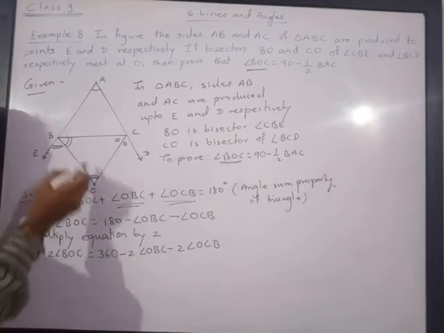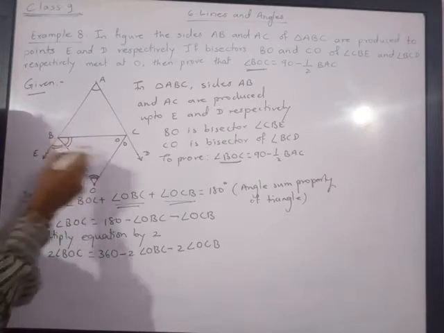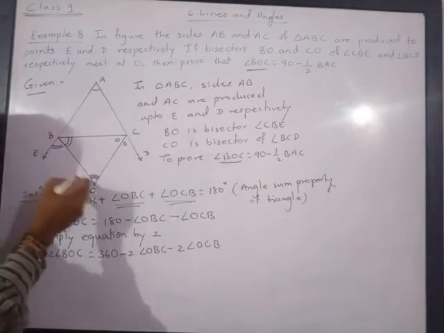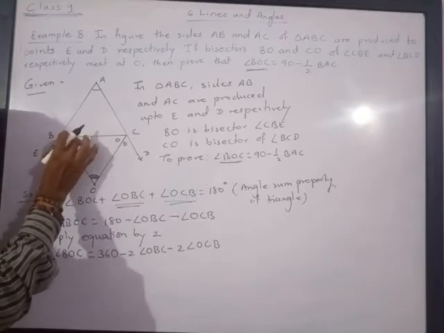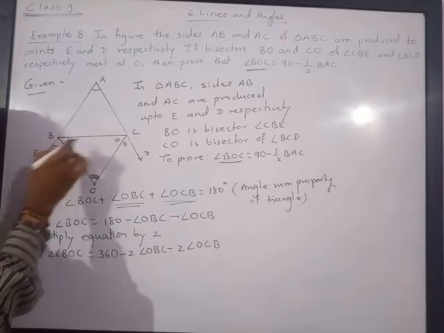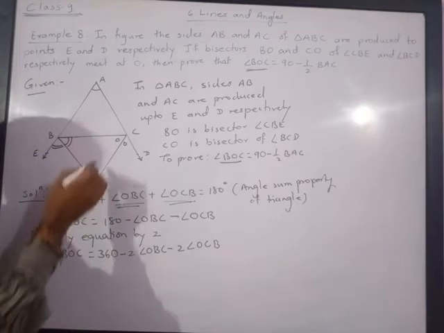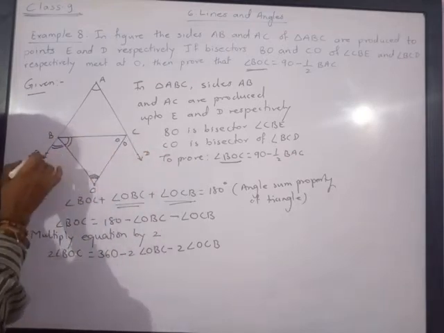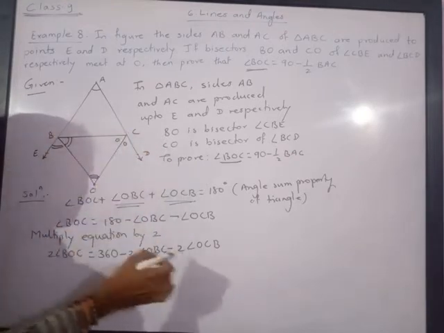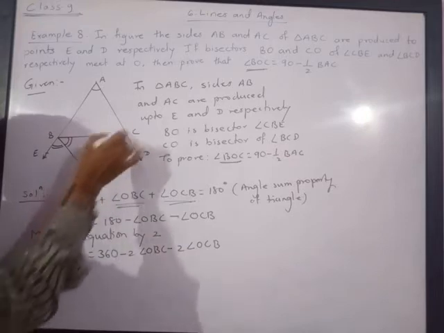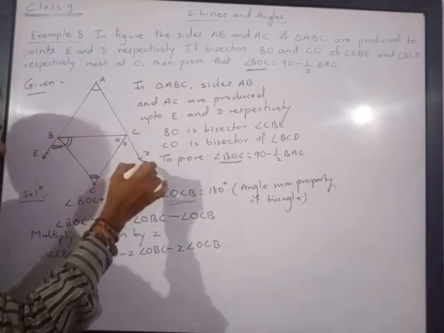Because I want to write this: we are given that BO is the bisector. It means this angle and this angle are equal. So twice OBC is nothing but EBC and twice OCB is nothing but BCD.